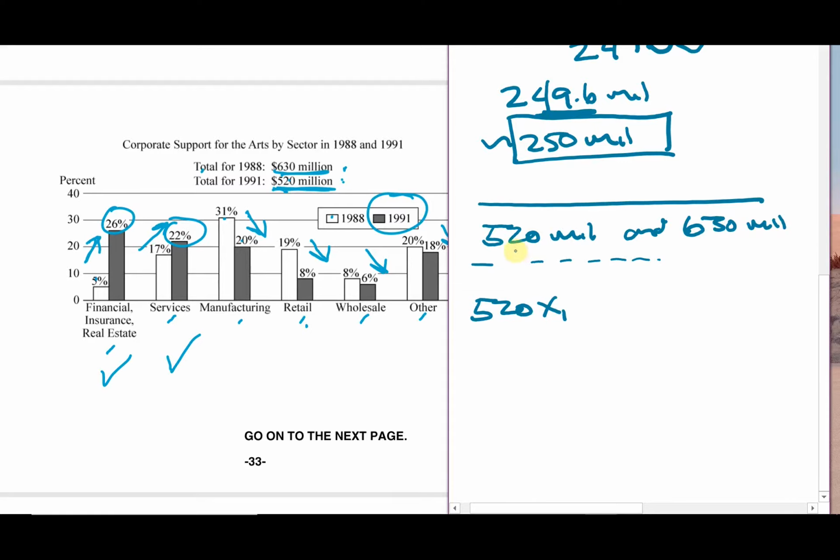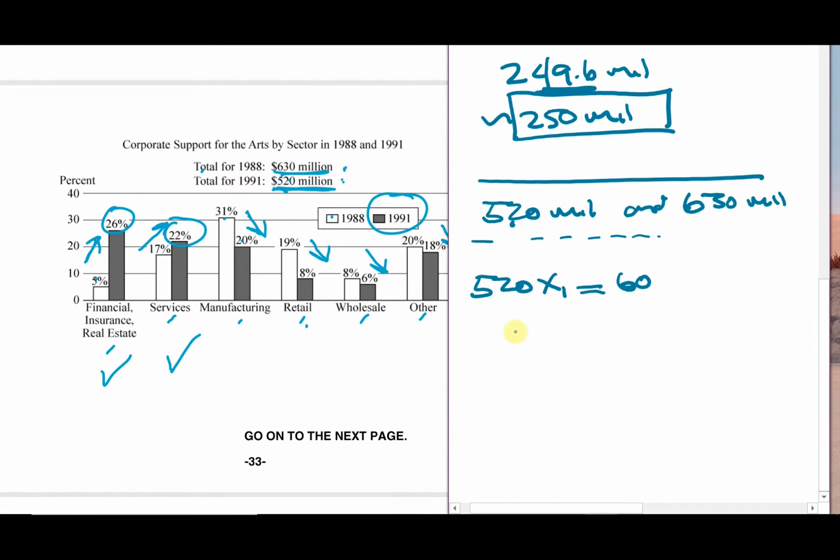So we're going to start with 520 mil. We're going to represent x1 times 520, and this is going to be set equal to 60. So we need to find the fractional ratio, x1, which is the part, 60, over the whole, 520. So essentially, if we divide both sides by 520, x1 is 60 over 520. And this is just the part divided by the whole.